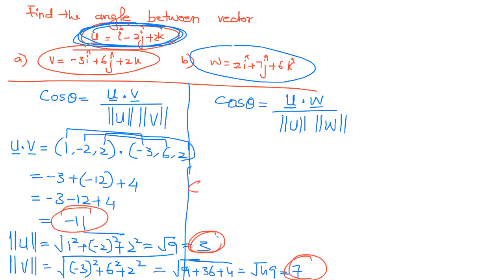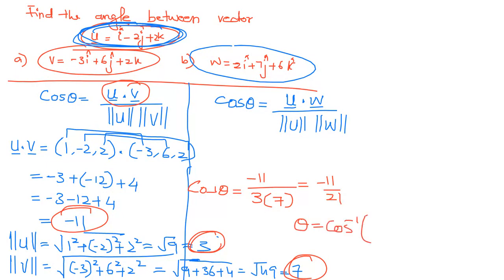So what do you get? Cosine of theta is equal to u dot v, which is minus 11, divided by mod of u, which is 3, times mod of v, which is 7. That is equal to minus 11 over 21. So theta is equal to cosine inverse of minus 11 over 21.